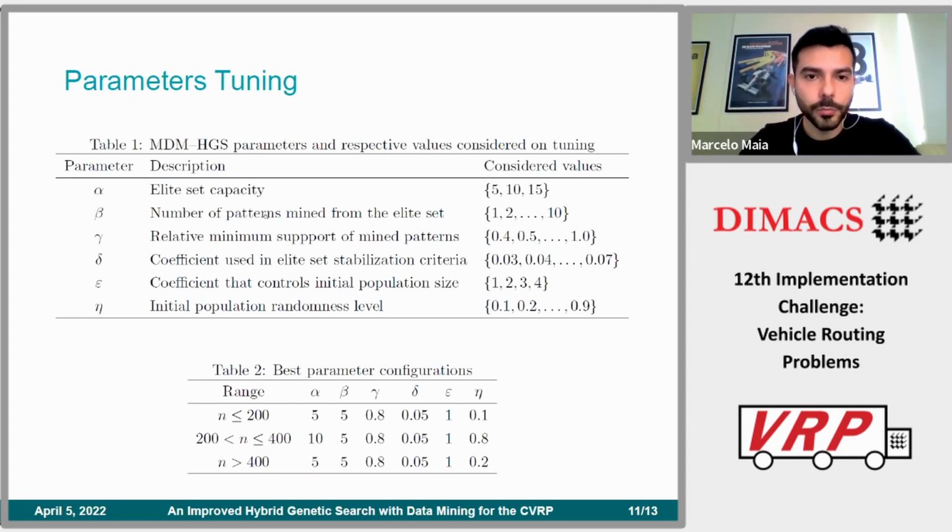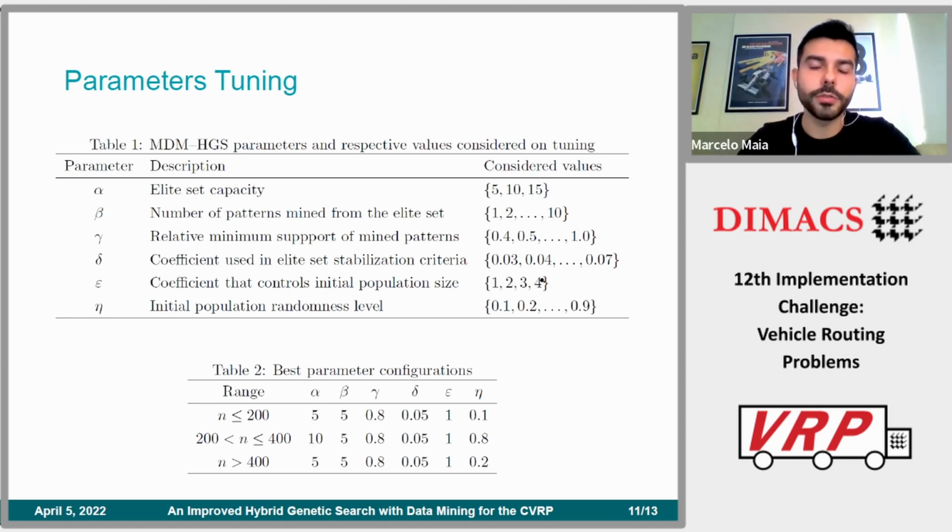These are the parameters introduced in our method. We have the elite set capacity, the number of patterns mined from the elite set, the minimum support, which is the minimum portion of the solutions in the elite set for an item set to be considered frequent, a coefficient that is used in the elite set stabilization criteria, and another coefficient that controls the initial population size, which is a constant in the original HGS-CVRP, a constant 4, which we believe was too great a number.